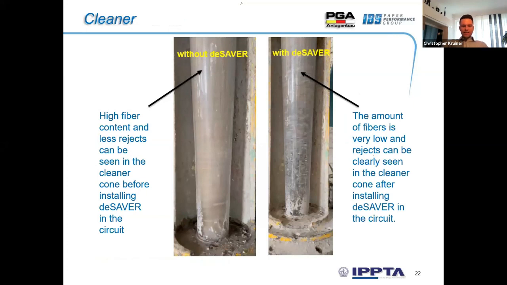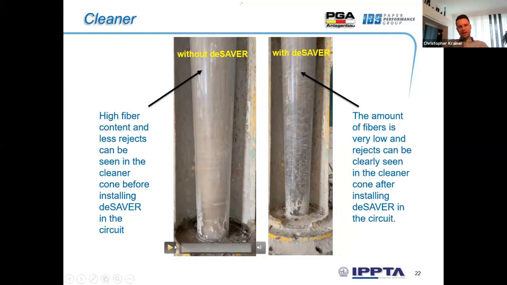We have already seen part of this, 2 cleaner counts. This comparison comes also from an installation. Let's start with the left and the right video together, then you can see the difference. You have here on the left side without I-fiber, a high content of fibers. That means the brown part. On the right side with I-fiber, you can see in the rejects there are no fibers.